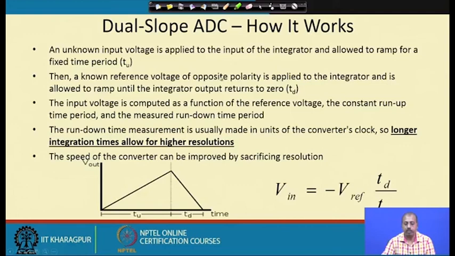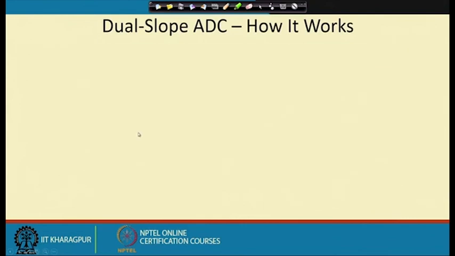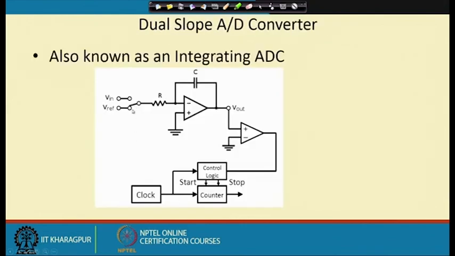Then a known reference voltage of opposite polarity is applied to the integrator and is allowed to ramp until the integrator output returns to 0. So, at this point this switch is taken down to the Vref position, and it is ensured that the polarity of Vref is the inverse of polarity of Vin. Then the capacitor will start discharging.